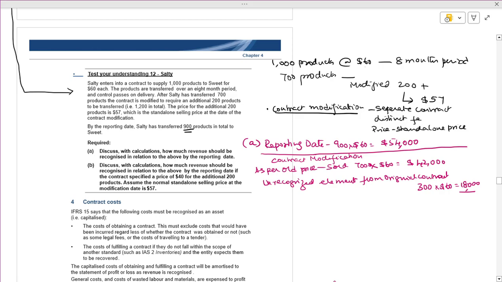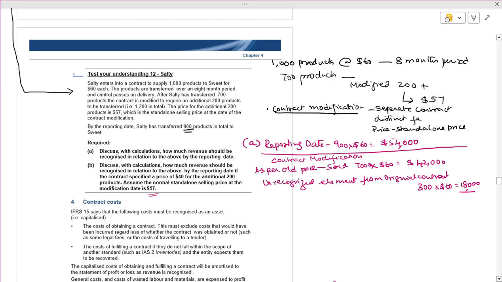Point number 2: discuss with calculation how much revenue should be recognized in relation to the above by the reporting date if the contract specific price is 40 for the additional 200 products. Assume the normal standalone selling price is 57.